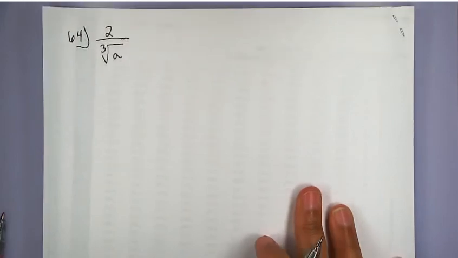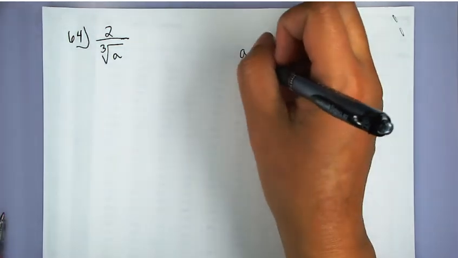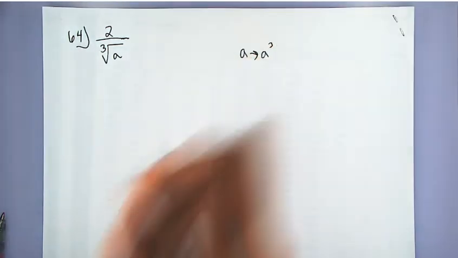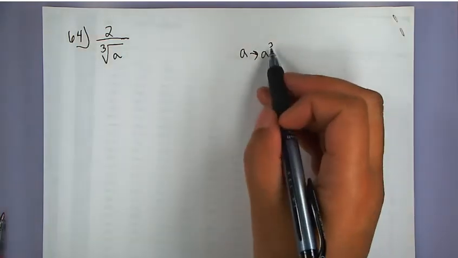If I do that to the bottom, again, I have to do that to the top. So I end up with 2 cube root of a squared over, and I just want to show it in step, that's a cubed. Well, the cube root of a cubed, we know those cancel out. So I'm left with 2 cube root of a squared over a, and then I'm done. So notice that we're rationalizing the denominator, getting the radical out of the denominator.